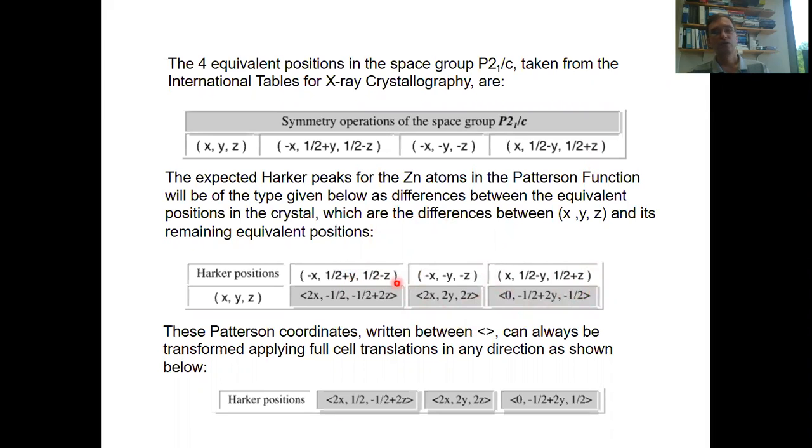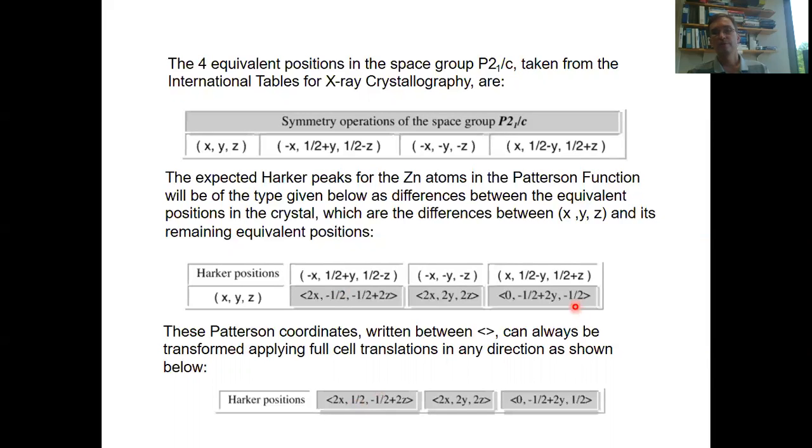All right, so we can slightly rewrite these positions the following way. We can always translate by a full lattice parameter. Okay, then the resulting position is equivalent to the original position because of the presence of translational symmetry. So if we put ourselves on the position minus a half and translate 1 unit cell parameter in the y direction, our position will be plus a half, but these two positions will be equivalent.